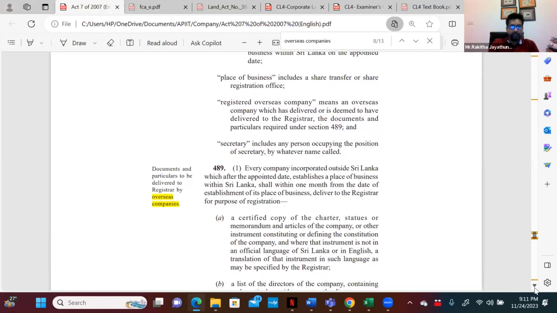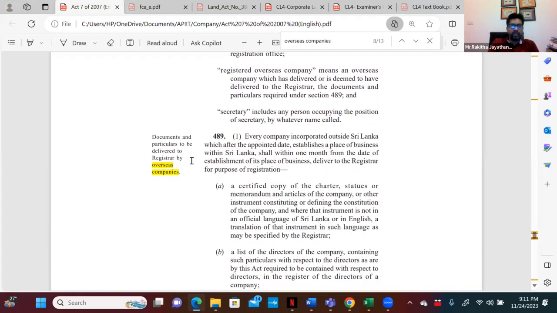This is the answer. Documents and particulars to be delivered to the registrar by an overseas company. That's the question. And within how long? What's the time duration for you to submit? Every company incorporated outside Sri Lanka, which after the appointed day establishes a place of business, shall within 1 month from the date of establishment of its place of business, deliver to the registrar for the purpose of registration the documents.